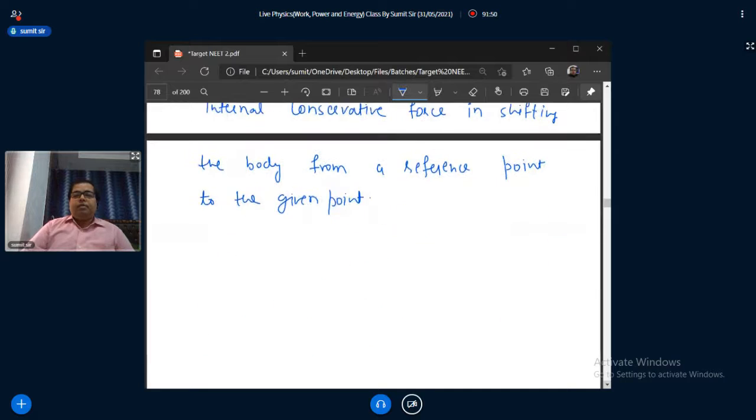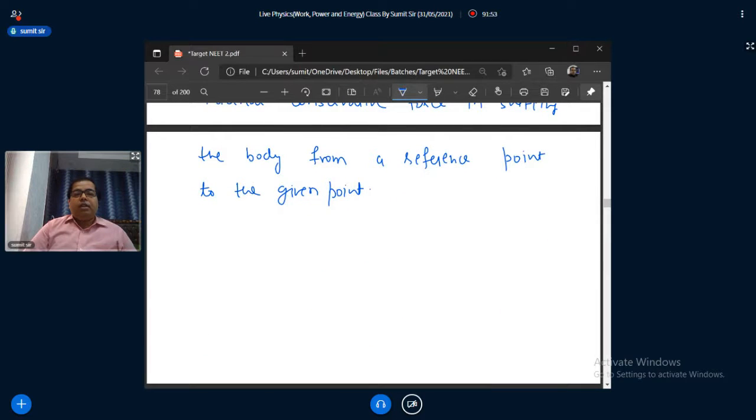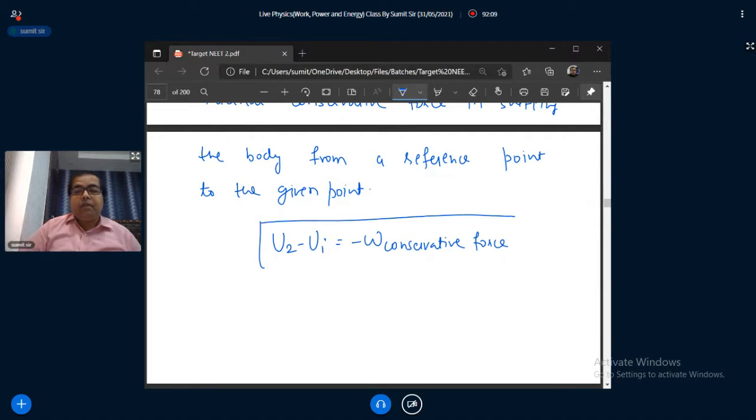So you can say U2 minus U1, that is the change in potential energy, is equal to the negative of work done by the conservative force. This is the way we calculate it.